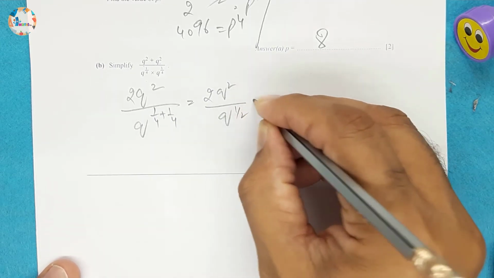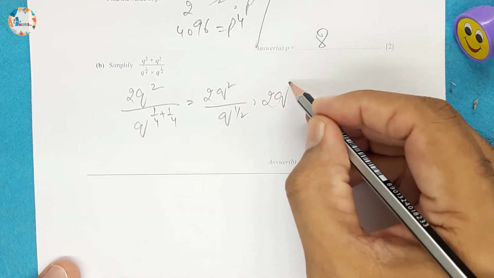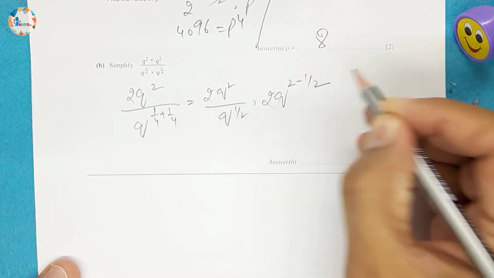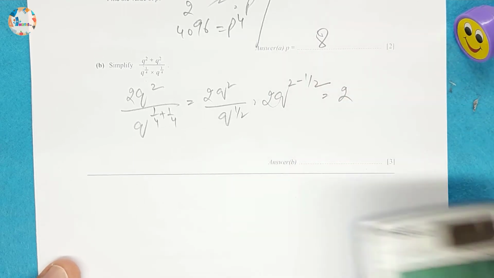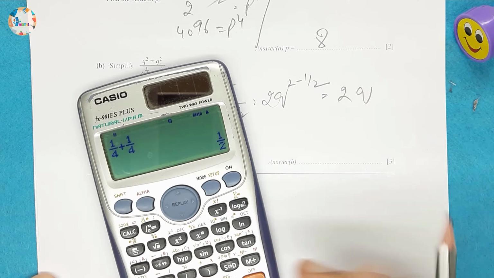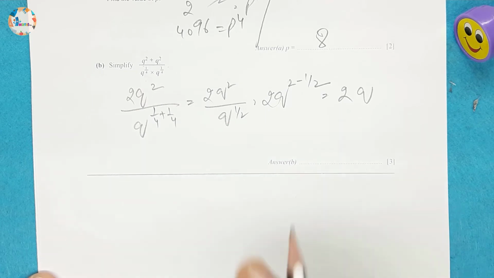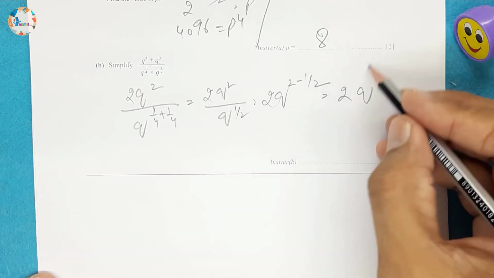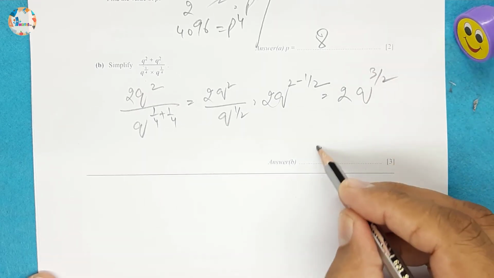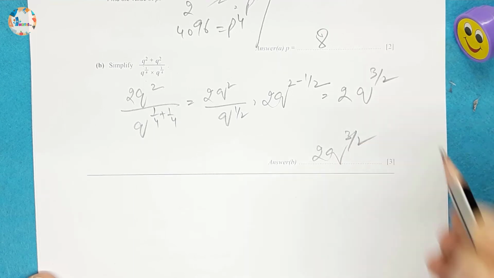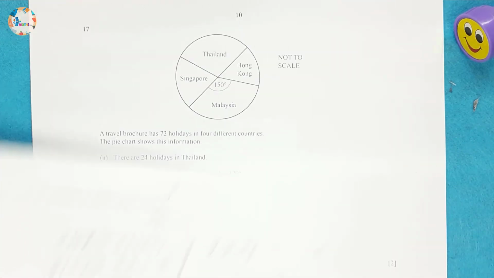So we can write here q^2 minus 1 by 2, and this will be equal to 2q raised to the power 2 minus 1 over 2, which is 3 by 2. So the answer will be 2q raised to power 3 by 2. This will be our final answer.